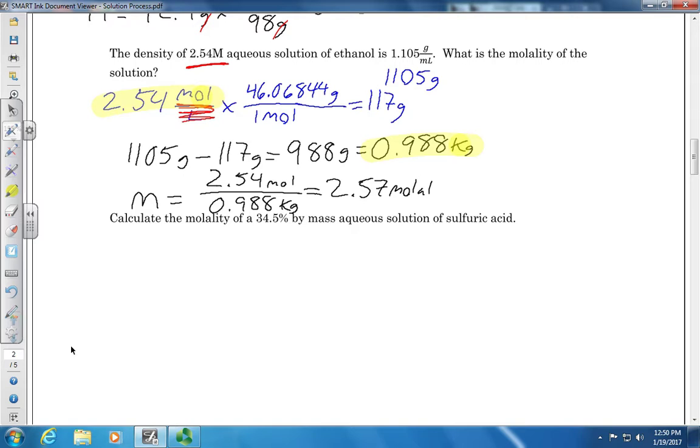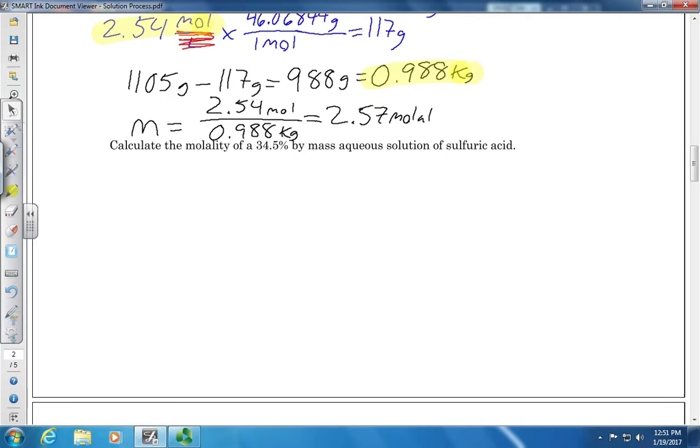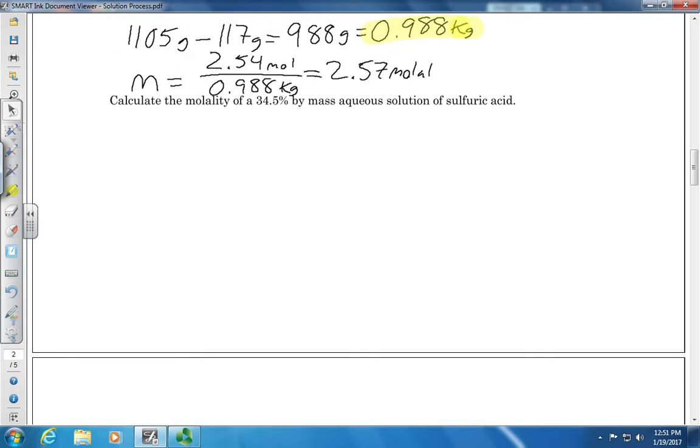So if you're trying to relate different units together, you can just consider them all in a liter, unless stated otherwise. Finally, we're asked to calculate the molality of a 34.5% by mass aqueous solution of sulfuric acid.